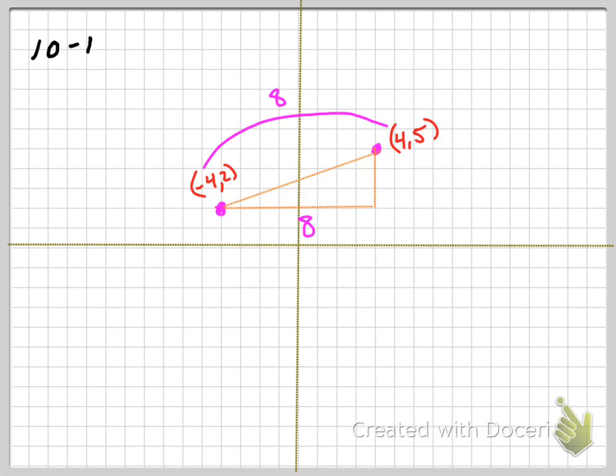And how far is it from 2 to 5? 3. With or without a picture, those are the 2 legs of the right triangle. And then you set up a Pythagorean theorem to find the hypotenuse.